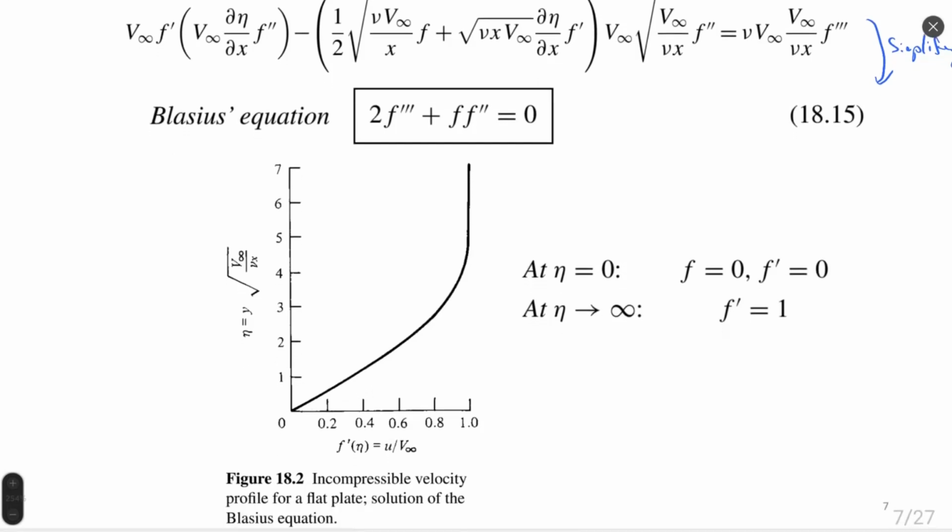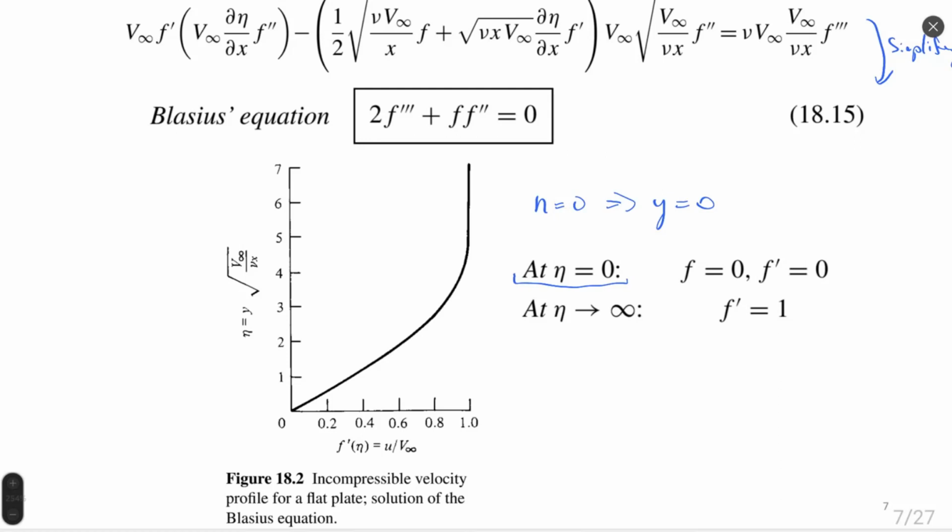To solve the Blasius equation numerically, we must set boundary conditions. Boundary conditions are the following. At eta equals 0, where eta is defined here, eta equals 0 means that the y coordinate is equal to 0.